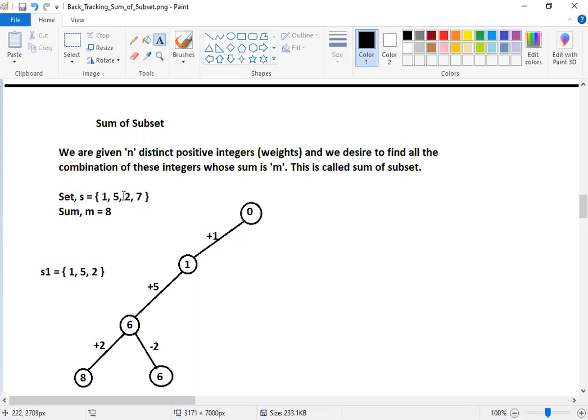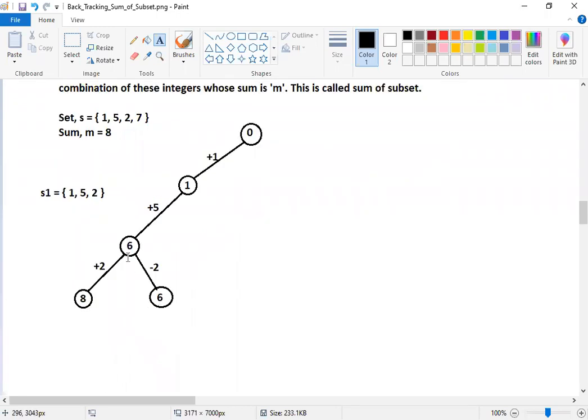Then from 6 rupees, if you don't want to take 2, if you don't take 2, then whatever you have collected at that time will be 6 itself. That's why the right node will have the same value as its parent value. The right node of any particular parent in a sum of subsets will have the same value as its parent. Understood? Yes, sir.